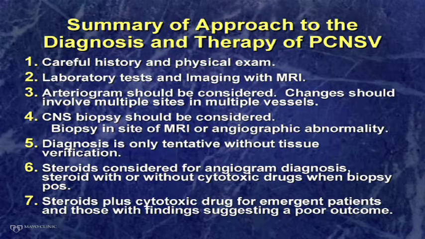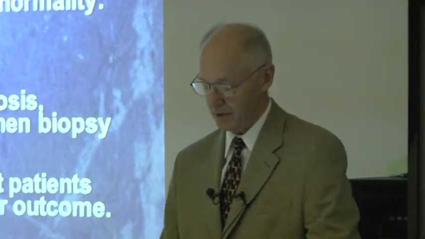And you might give the patient pulses if there's progressive neurologic changes. There's a little bit of the art, I must confess, in the treatment of this yet, because there are no strict guidelines. And as I mentioned here, Cytoxan and steroids for more severe patients whose symptoms suggest that you might have a severe outcome.